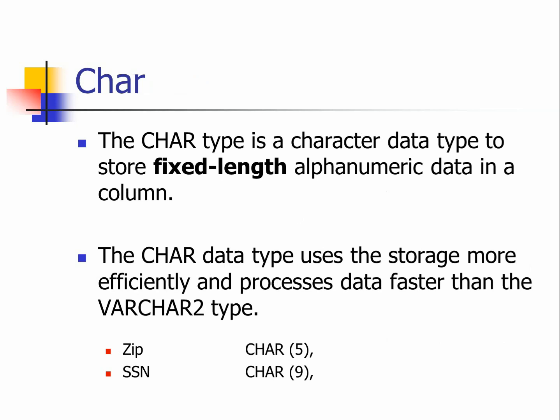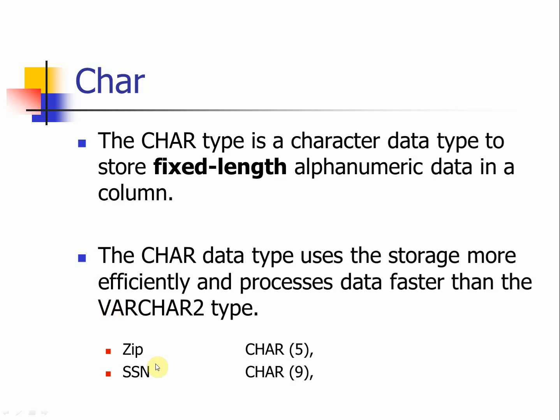For CHAR, it's going to give you fixed length alphanumeric data in a column. So it's very similar to varchar2, it's just that it has a fixed length. Obviously, this is going to give you more efficiency, both in storage space as well as execution speed. The CHAR data type is used to store and process data faster than the varchar2 type.